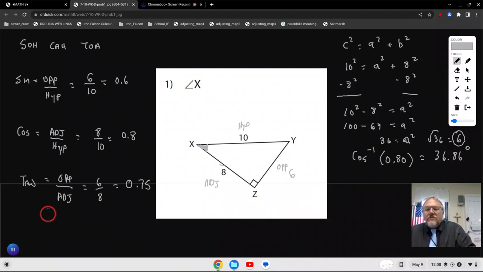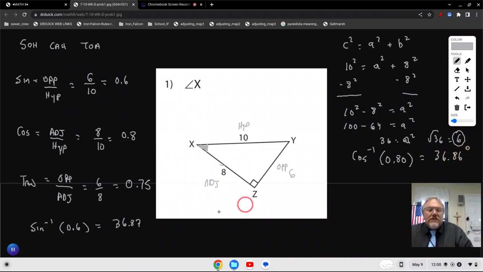So I'm going to take the sine one. Sine to the -1 of 0.6, and I put equal. So I use second function sine 0.6, hit enter. Boom, I got the same number, 36.87. Let me round that.